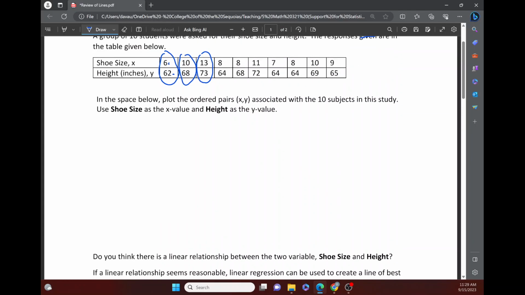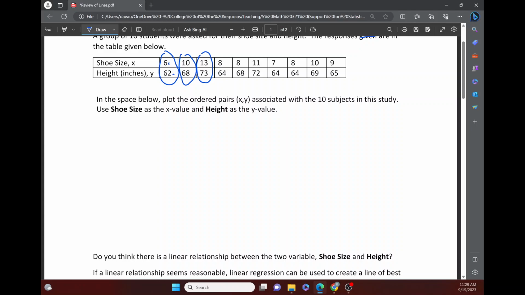So let's think about how to scale our axes. If I look at all of my Y coordinates, it looks like the largest one is 73, and it looks like the smallest one is 62. So I need to scale my axes so that they extend from 62 all the way up to 73. My y-axis, my vertical axis, needs to go from at least 62 to 73.